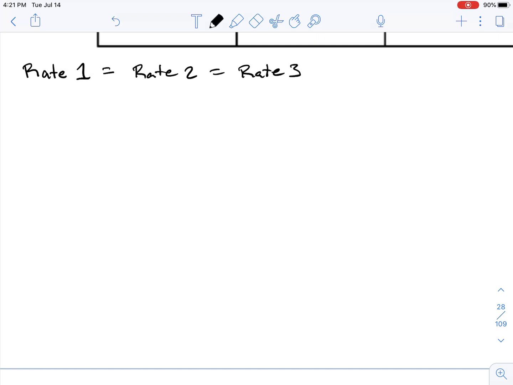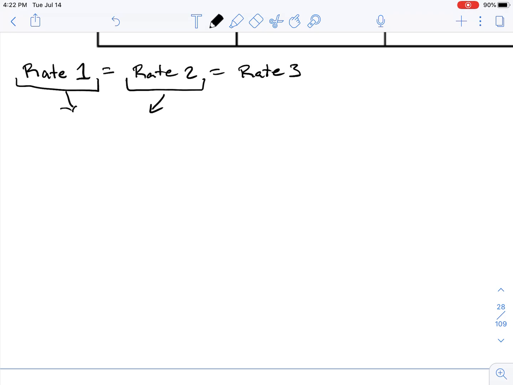Okay. And by making these statements, we can start creating ratios. So for example, we can create a ratio specifically to analyze how the rate of reaction changes between trial 1 and trial 2.